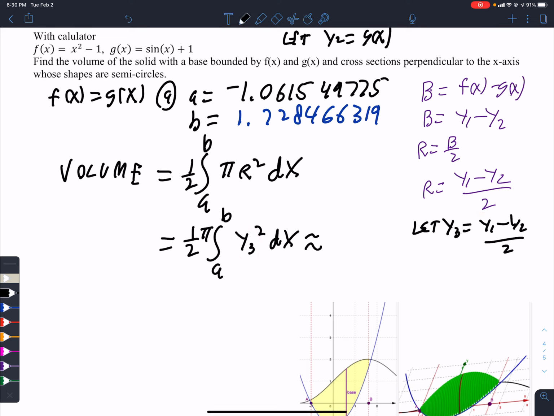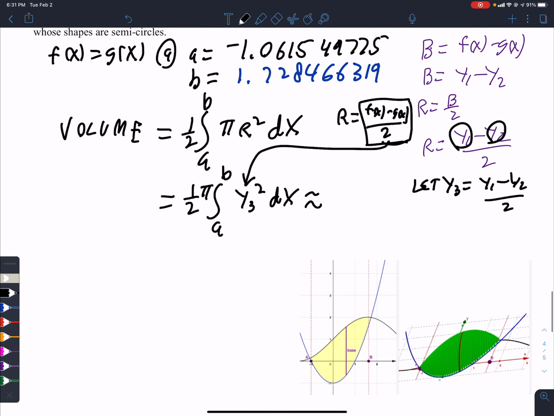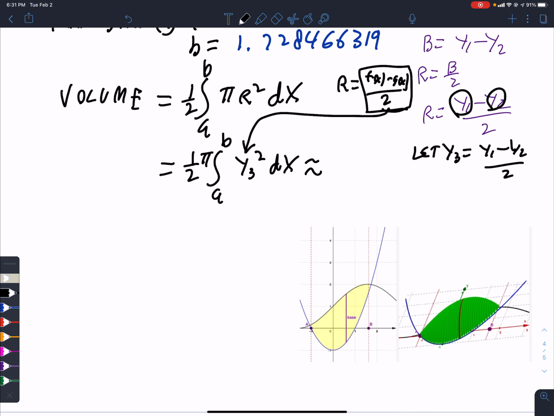This is probably what you would like. R is f of x minus g of x over 2. You could use that for r, because that's f of x, that's g of x. You could punch that there and have it in this equation there instead. I'm just showing you how you can make it nice and pretty. So there's many options, many ways to do this. But 1/2 pi a to b of y3 squared dx.